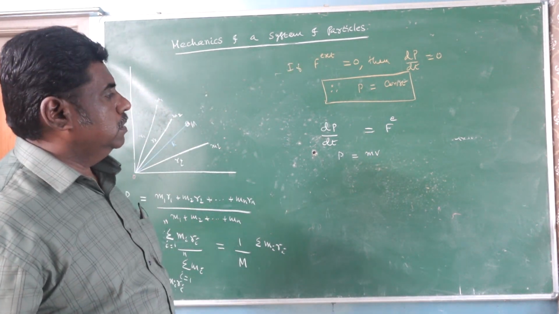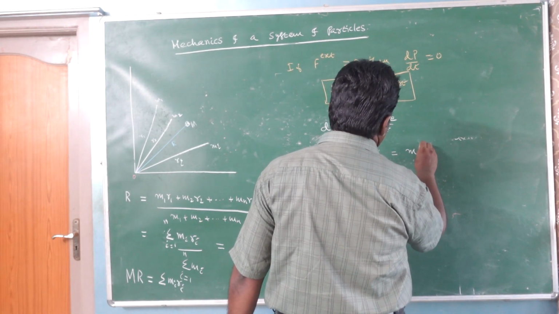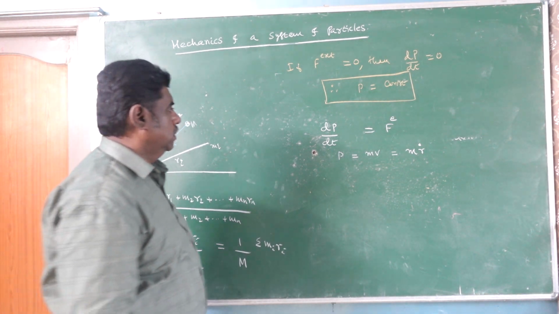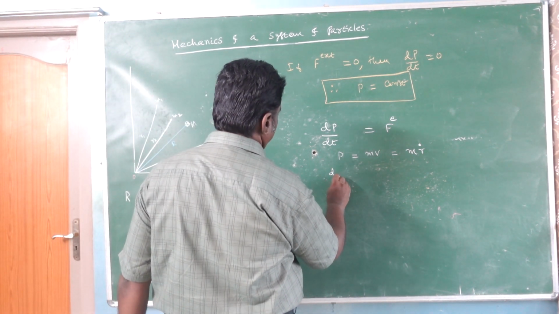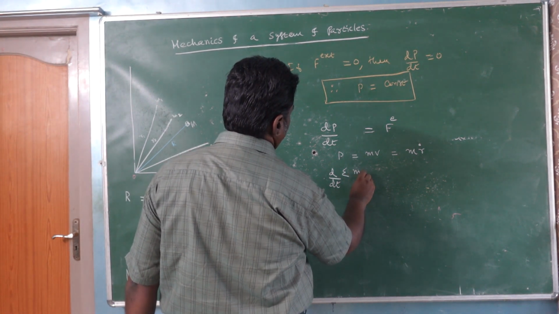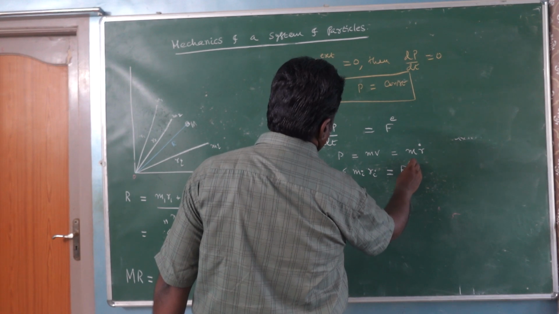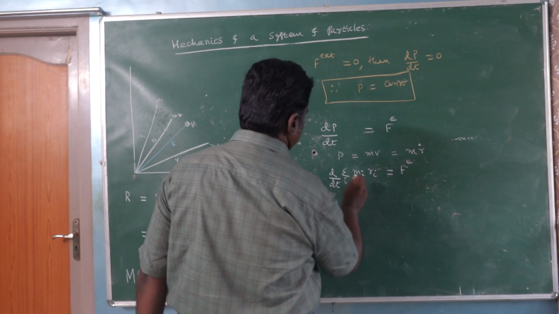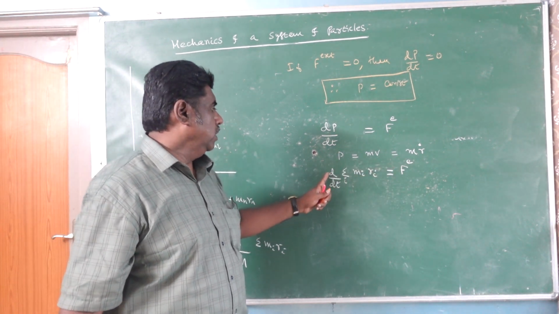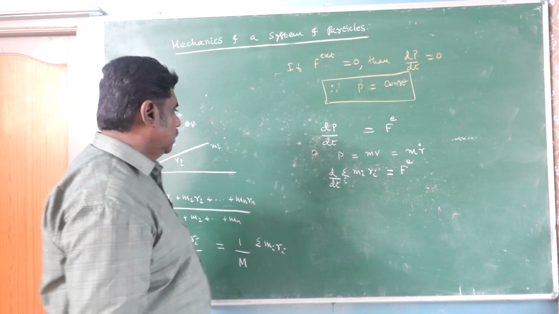Linear momentum equal to mass into velocity, which is m r dot. r dot is our velocity. Then we may write d by dt of summation mi ri, which is equal to F external. For the entire system, external force equal to d by dt of summation of mi ri.